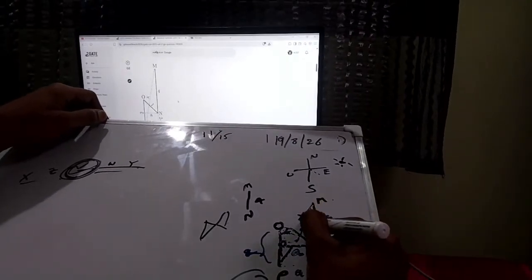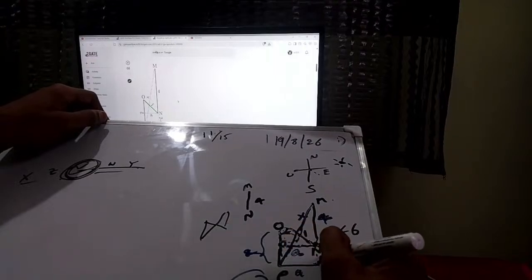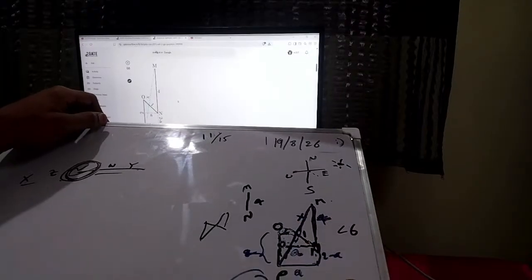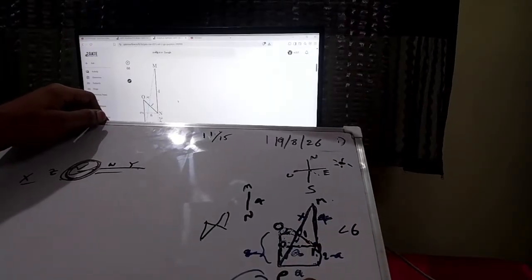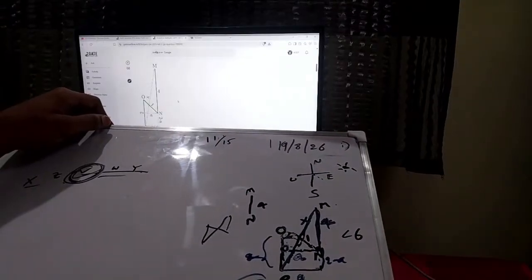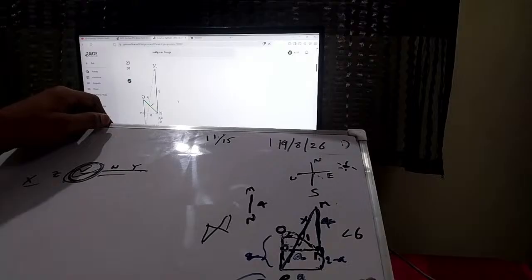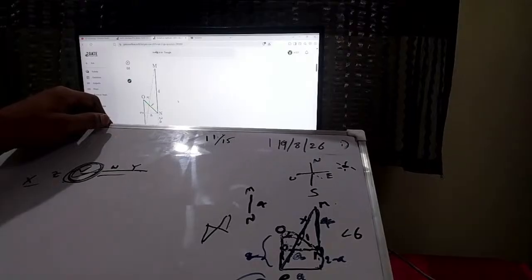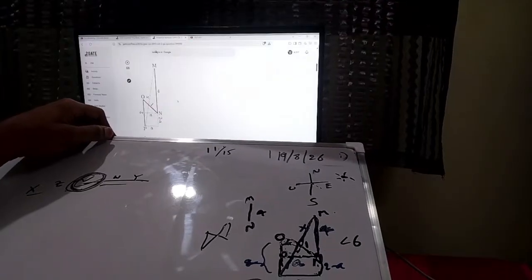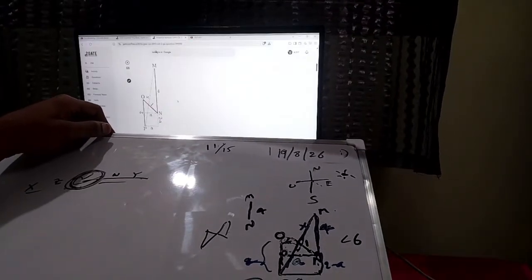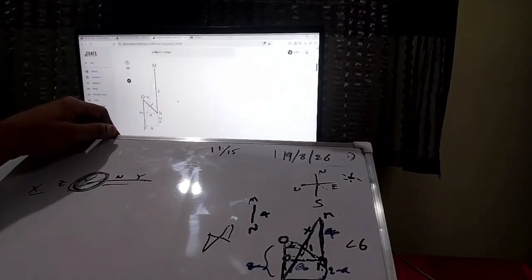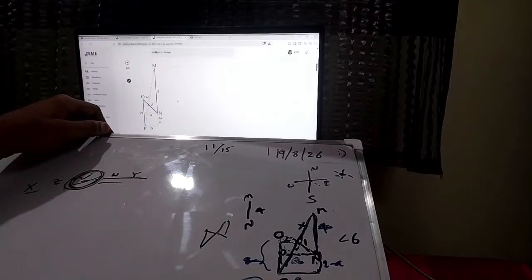If you apply the same Pythagoras theorem to this bigger triangle, the diagonal is x, and squaring, x square equals 4 plus (2 minus A) whole square plus A square, under root. So it can be 6 minus A whole square plus A square.